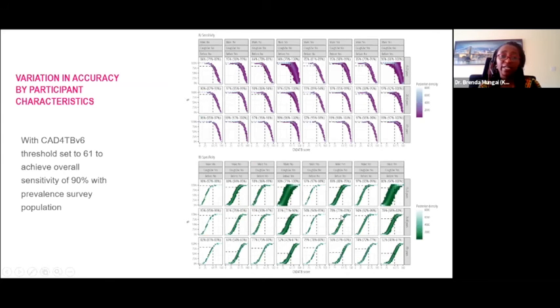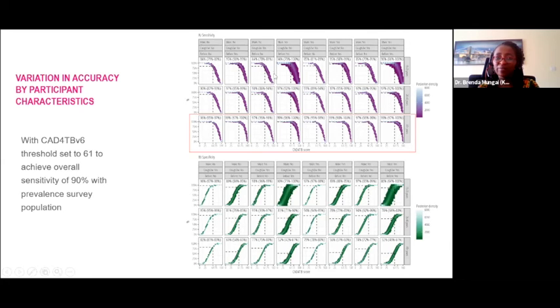Now, the variation in accuracy by participant characteristics has also been highlighted in a number of presentations in the field of CAD, computer-aided detection software. When you set the threshold at 61, which is what we tried here, sensitivity was high across all age groups. Let me walk you through this graph.